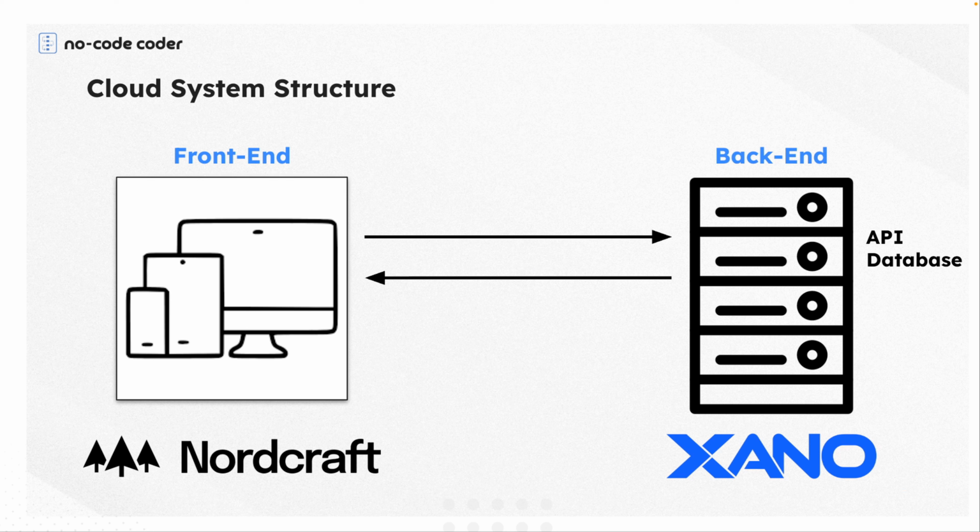And the tool we'll be using for the back end, which deals with the API and the database, is Xano. Both do it without code, both using visual development. Having worked with many different tools in the visual development space, there's no doubt that these two are the cream of the crop.